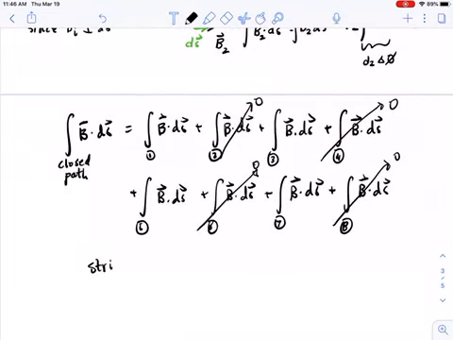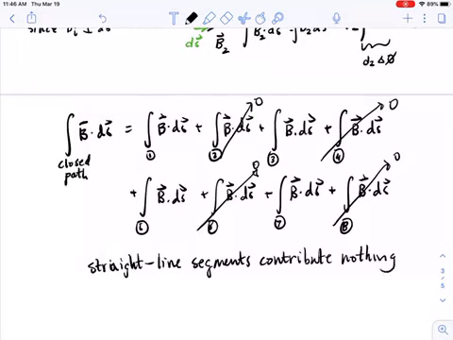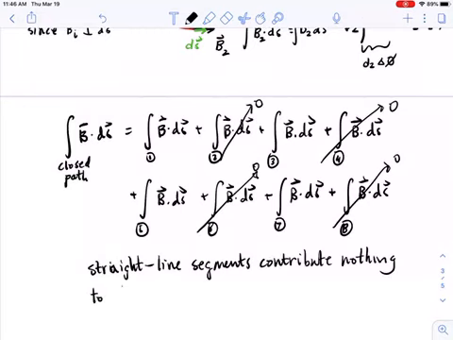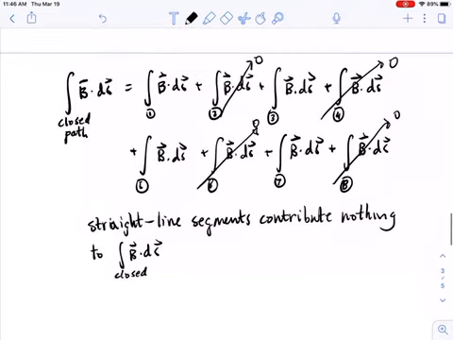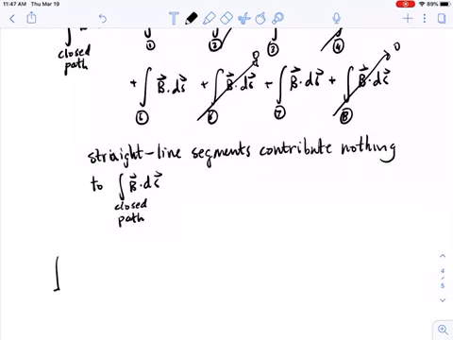All of the straight line segments contribute nothing to the B dot ds around our closed path. So what are we left with? We're left with the sections on these circular arcs.